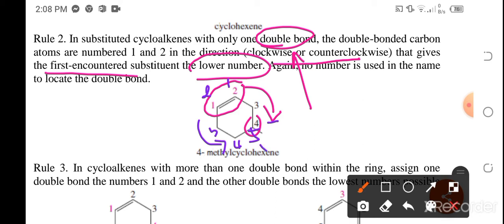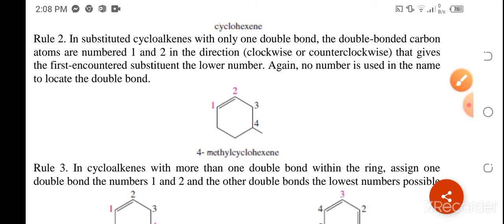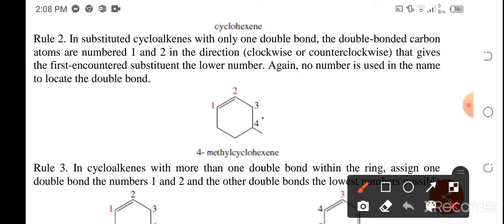So we have to choose the clockwise numbering such that the methyl group will be on the 4th carbon atom. So this would be named as 4-methylcyclohexene. Take note, we are not putting any locant before the cyclohexene because there's only one double bond.